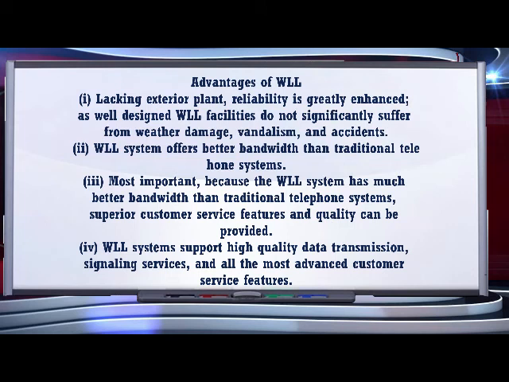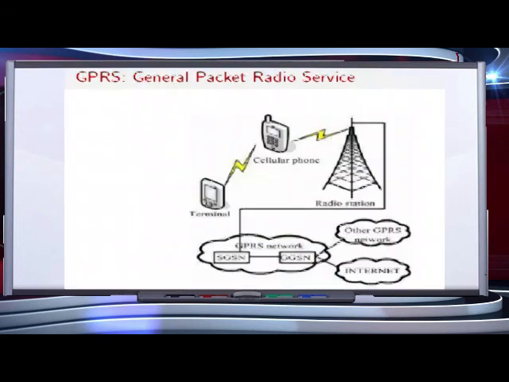How does GPRS work? You must be aware of how files are transferred from one location to another on a computer. They are broken down into packets and sent. Similarly, GPRS also uses the same function to transfer data through a network. The information is split into smaller units called packets, sent through the network, and reassembled at the receiving end.